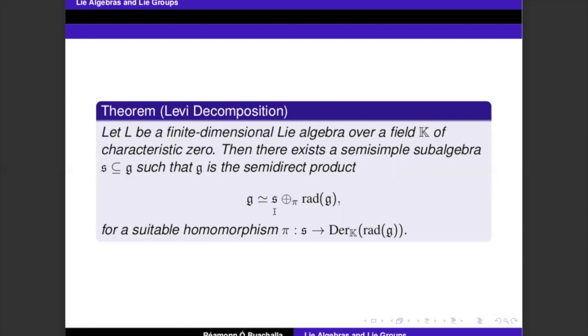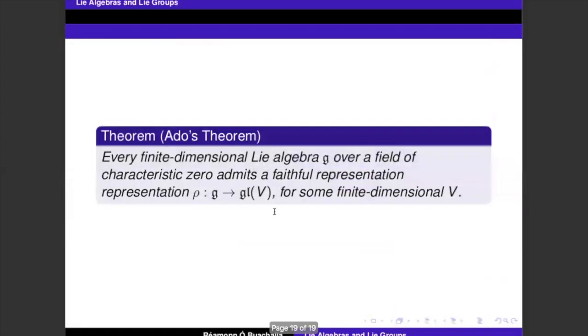If it's simple, it has no center. And if it's semi-simple, it's a direct sum of all of these things. Remember, we were able to identify it with the space of derivations in a previous result. So basically, Ado's theorem for semi-simple, we've already done. We were able to prove this, and it wasn't actually that difficult.